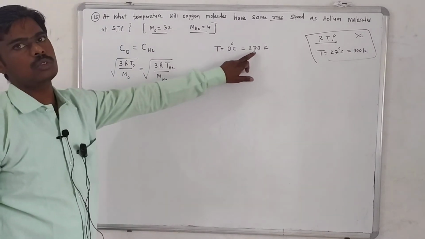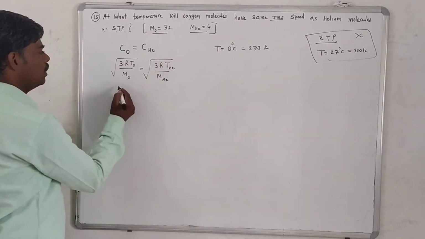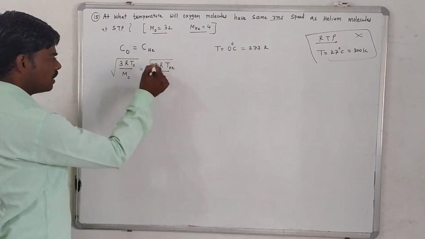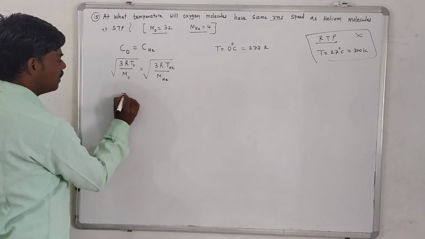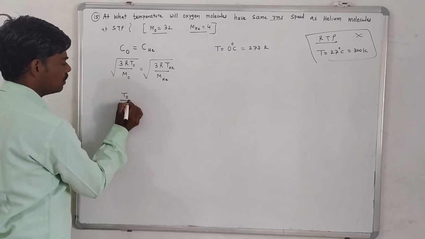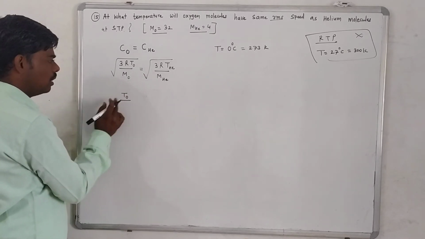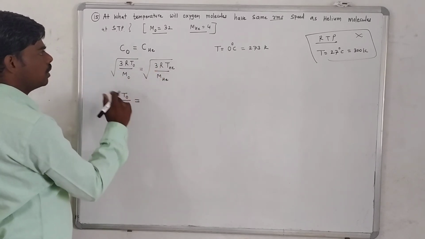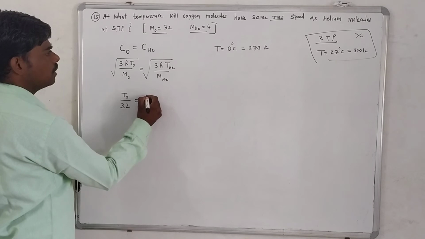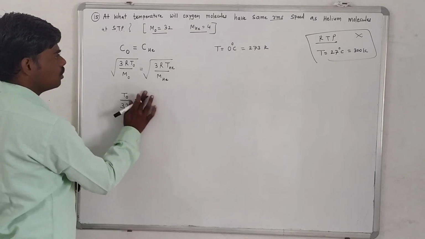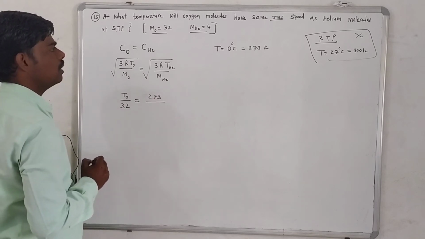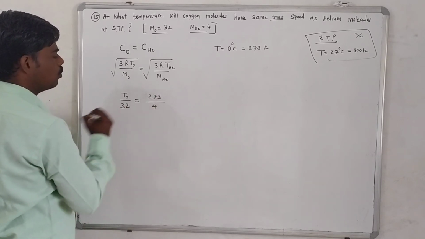STP is 273 Kelvin. So squaring on both sides, 3R cancels with 3R. Simply we get the temperature of oxygen that we require: the molecular weight of oxygen is 32, the temperature of helium is STP, which means 273 Kelvin, and the molecular weight of helium is 4.